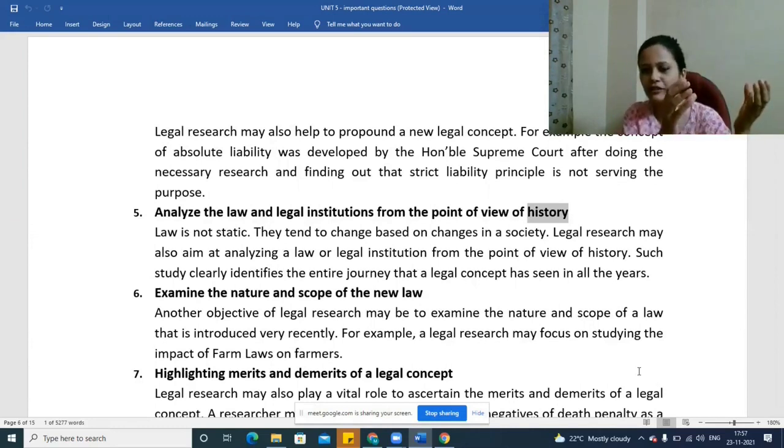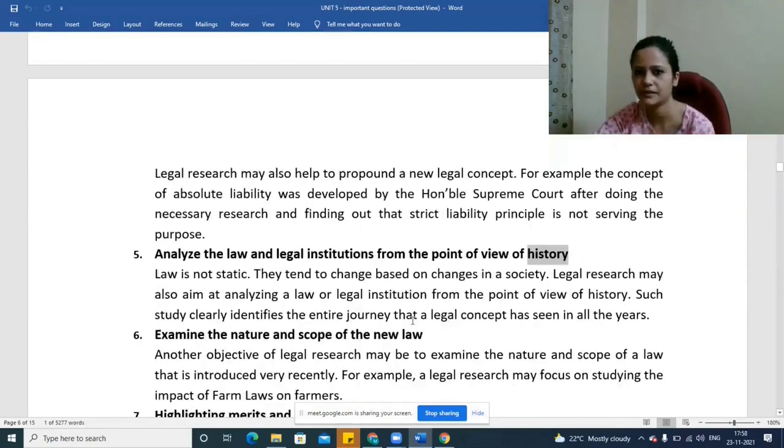After that, when first case file, second, third, fourth, fifth, basic structure doctrine came, additions were made, all that is nothing but history. So you can do a legal research with the objective of understanding history of a certain provision of law.